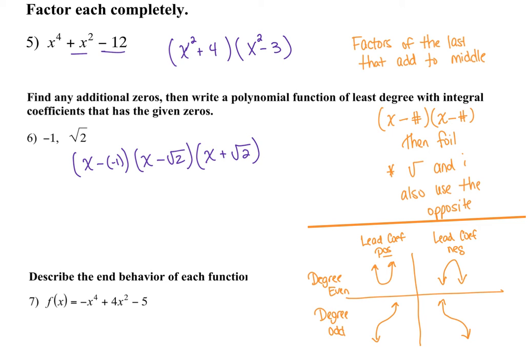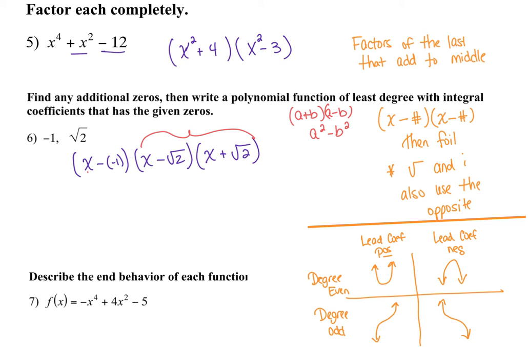All right? And I have to FOIL these. Now let me tell you, when I FOIL these, I always FOIL the ones that pair up first. So these pair up nicely because remember, when you multiply conjugates, you end up with the first one squared minus the second one squared. So this is going to be a really easy foiling.